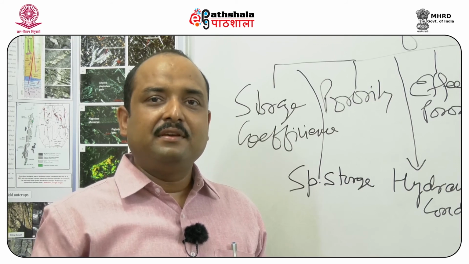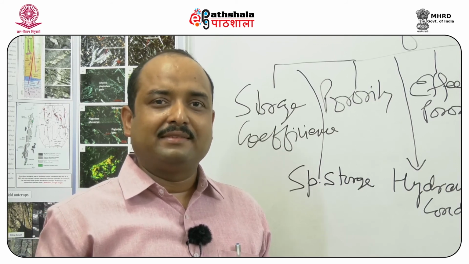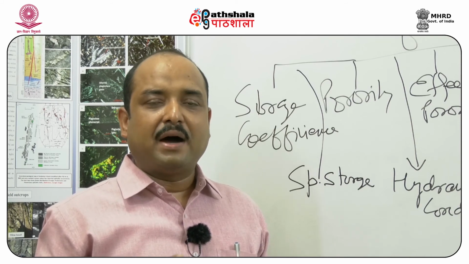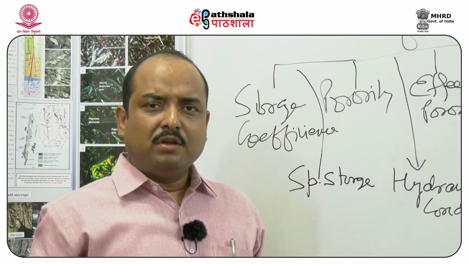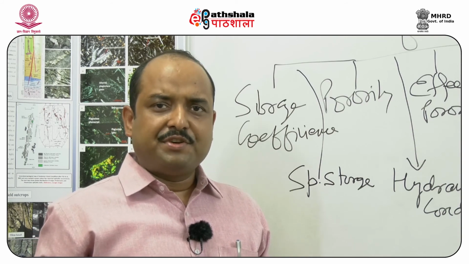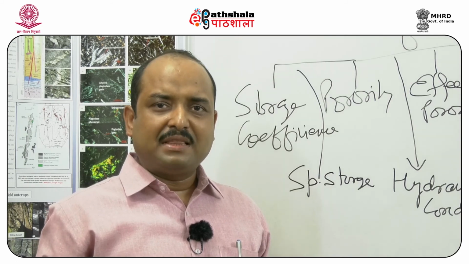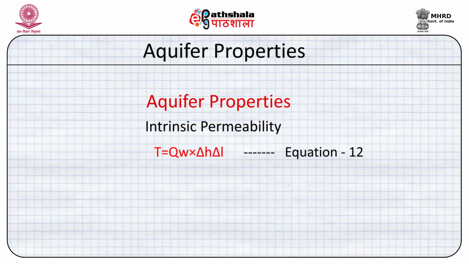The unit is meter square per day, that is dimension L raised to 2 T raised to minus 1. Both of these, transmissivity and hydraulic conductivity, can be related through mathematical equations.